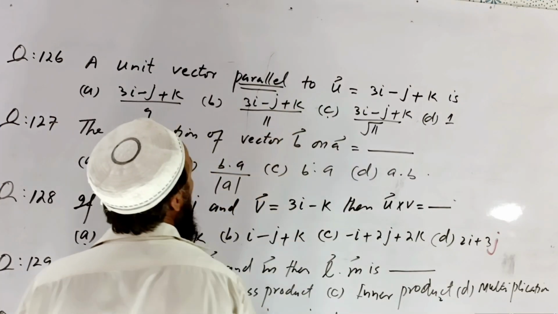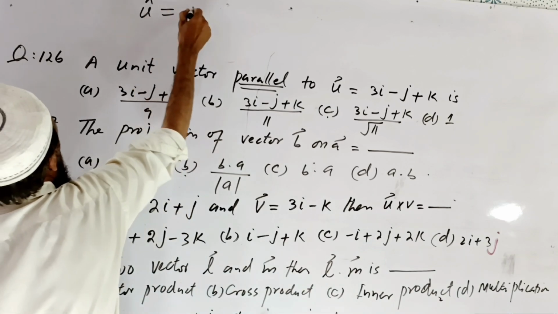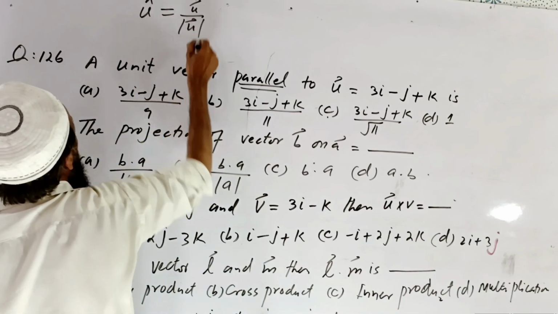A unit vector parallel to a given vector has the same direction as the given vector and its magnitude is 1.